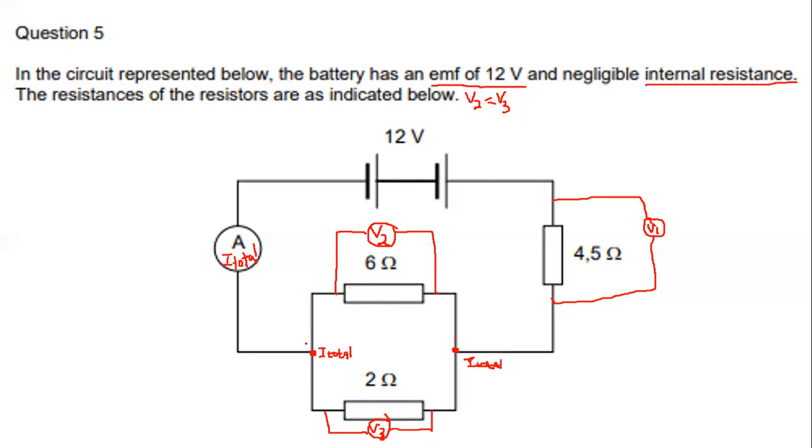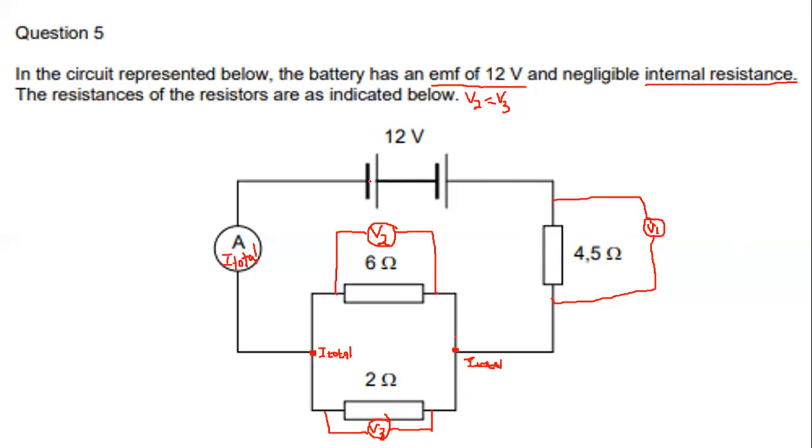Now, I gave you more tips, my dear learners, and I said that most of the time, when you see that this circuit has a combination of resistors in parallel and one that is in series, the best thing to do is always to start and work with this resistor that is in series altogether.